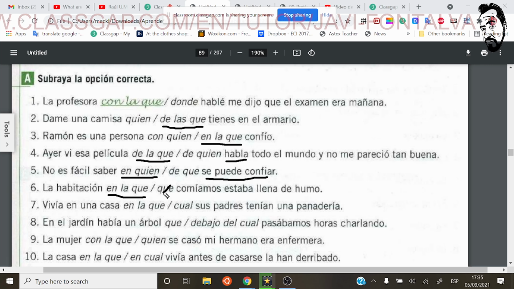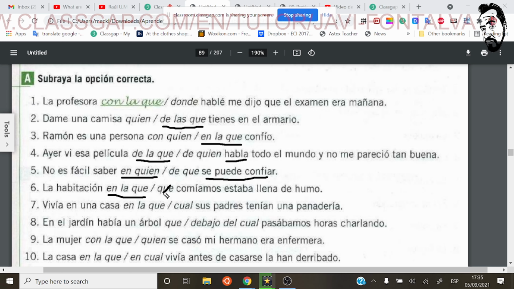Okay, so la casa en la que vivía antes de casarse la han derribado.